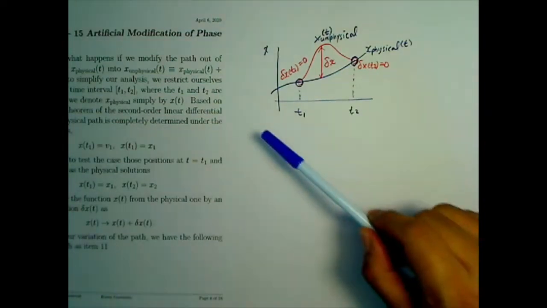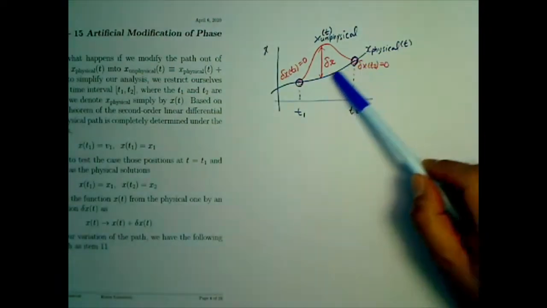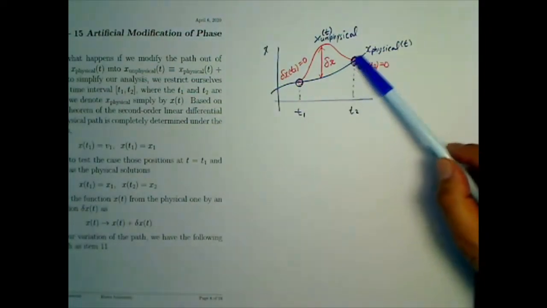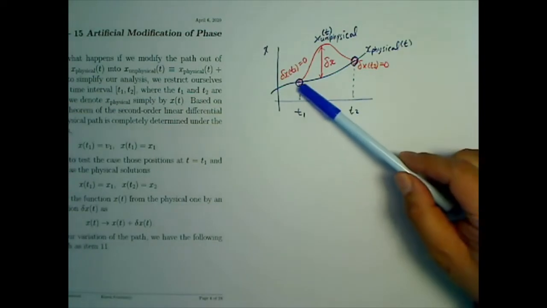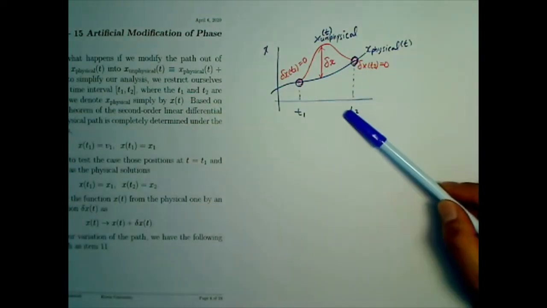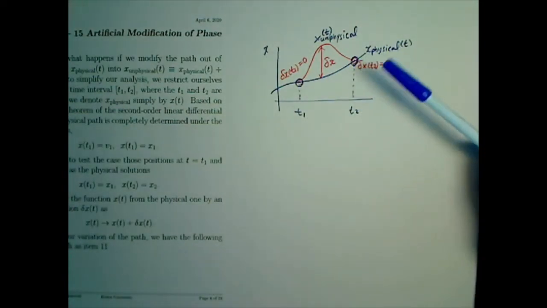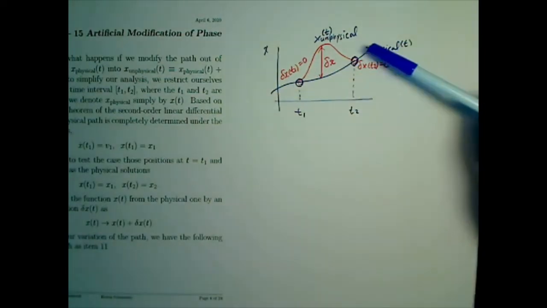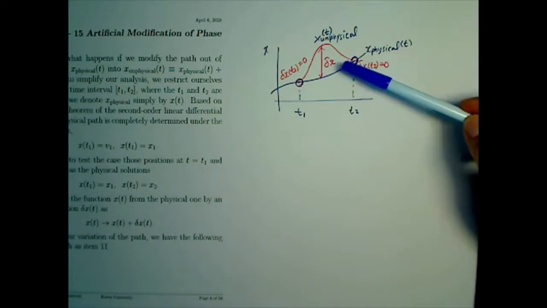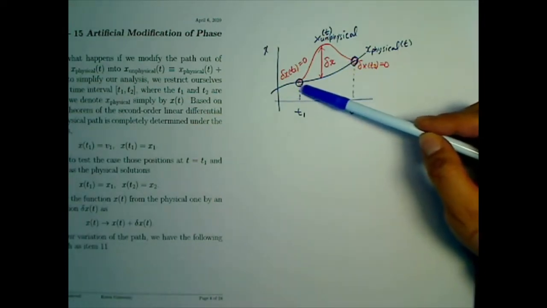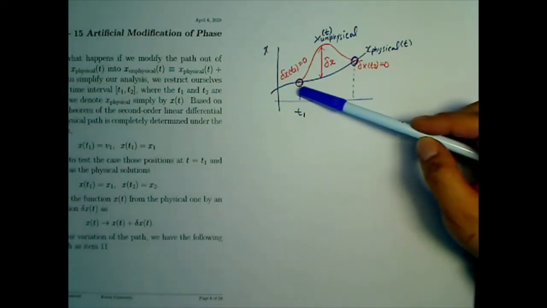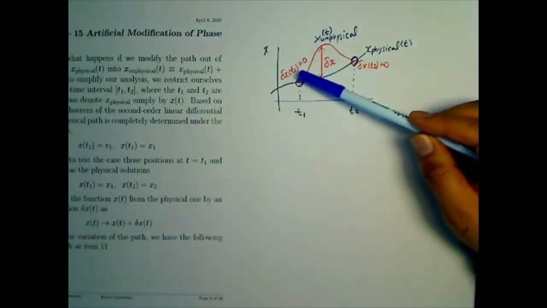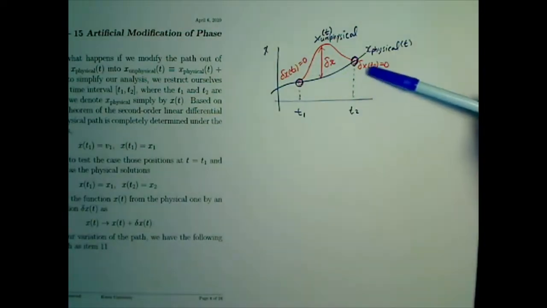Again, the blue path is the trajectory of a particle, and this is the beginning time and the end time, start and end. And the variation from the physical path to the unphysical path is made with the restriction that the variation at the two endpoints vanishes: delta x of t1 equals 0 and delta x of t2 equals 0.